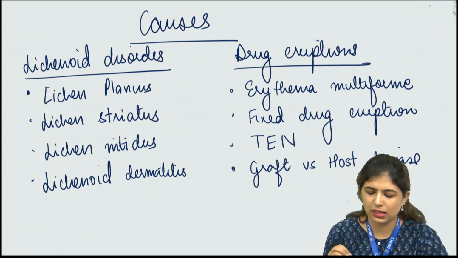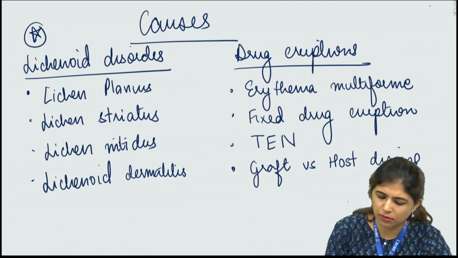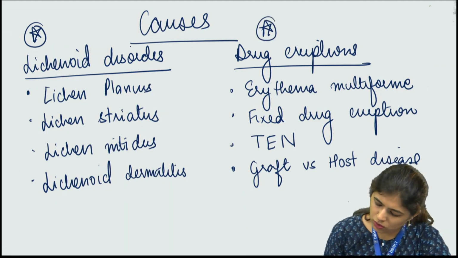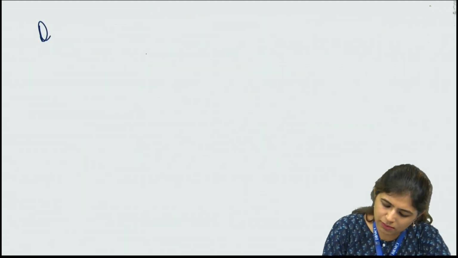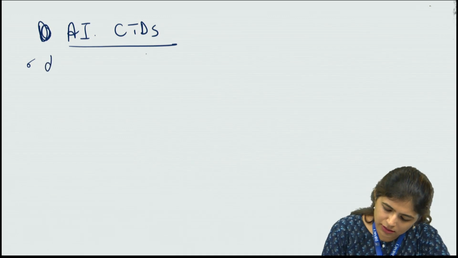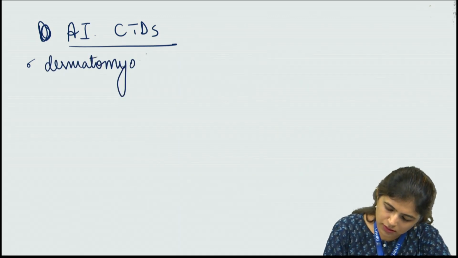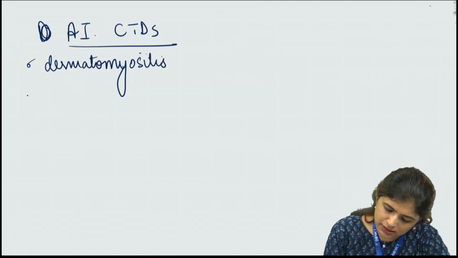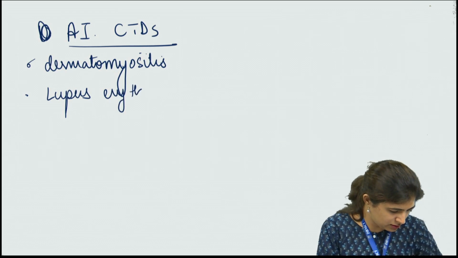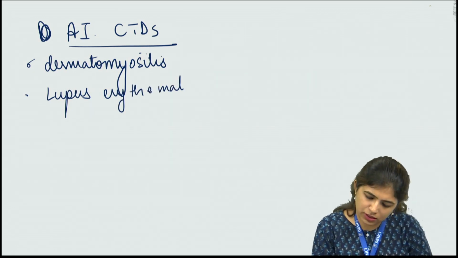Okay, these are the most important causes. Then what do we have? We have some autoimmune connective tissue diseases like dermatomyositis and lupus erythematosus, right?